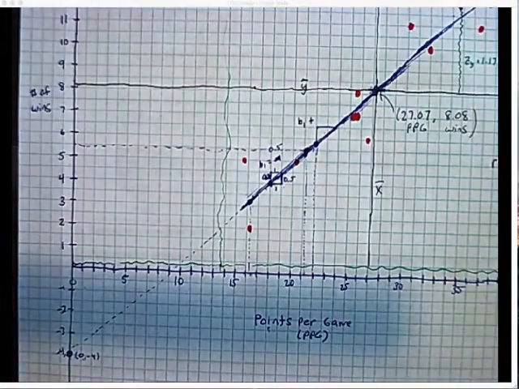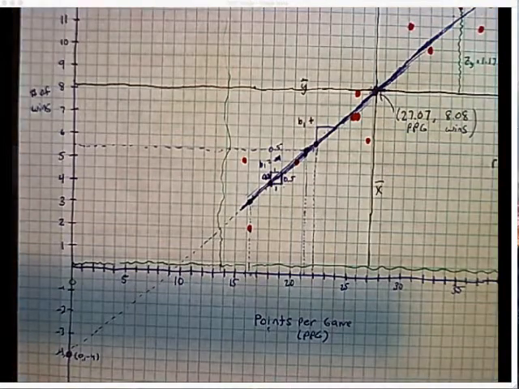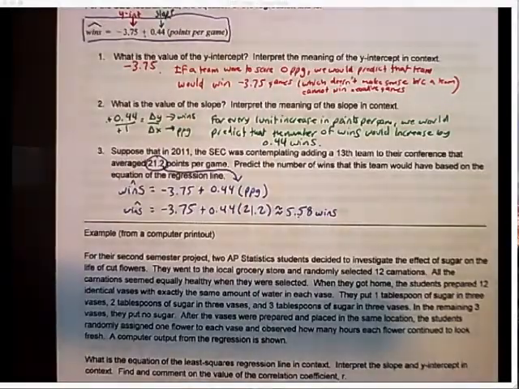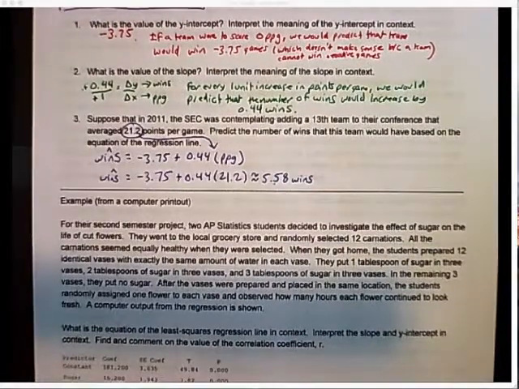All right. So that's what we're doing. But we can do it with arithmetic. We don't always have to make a drawing.